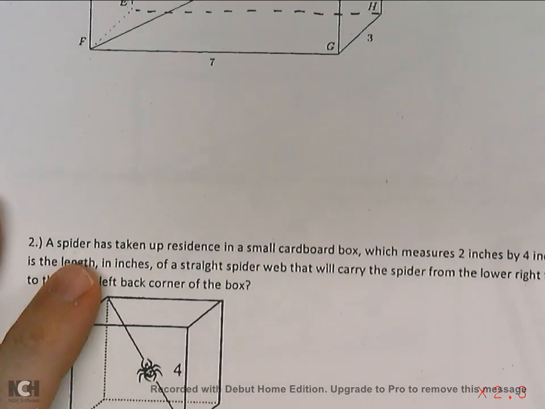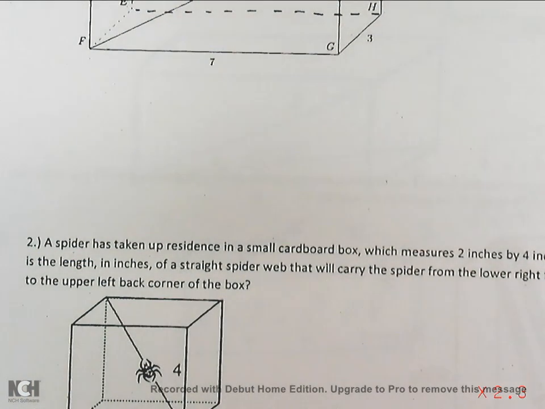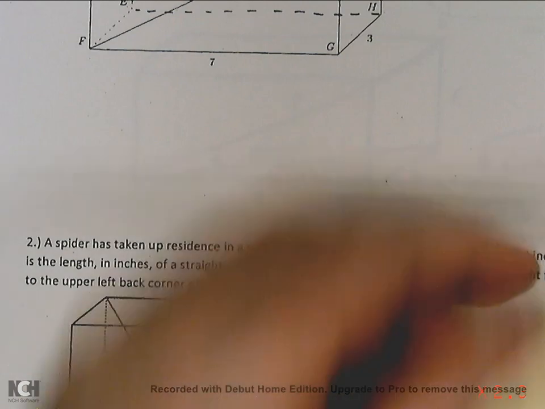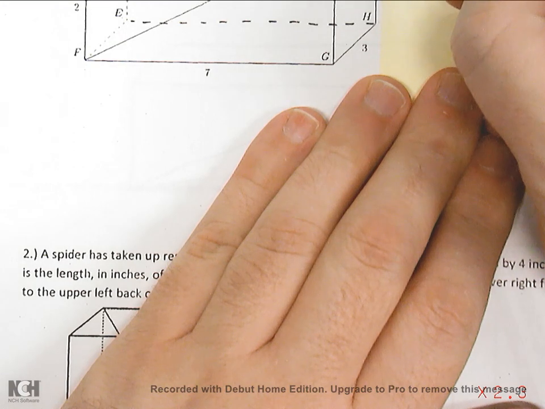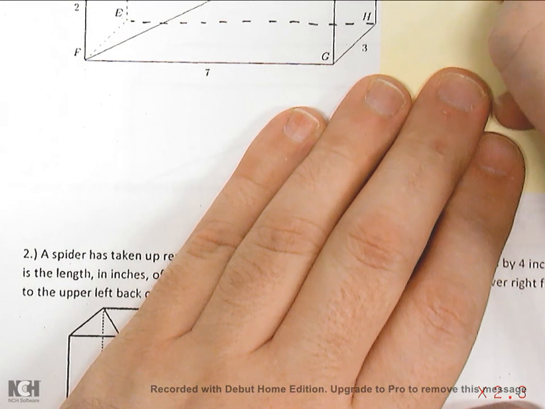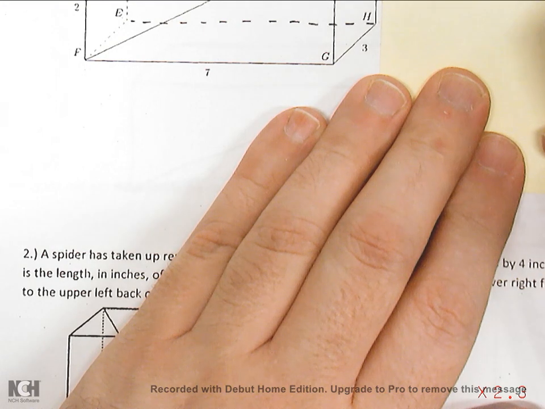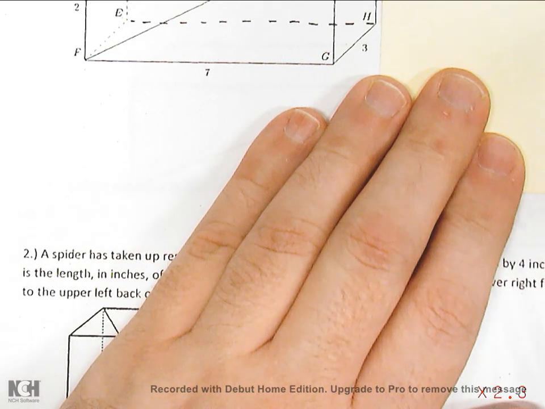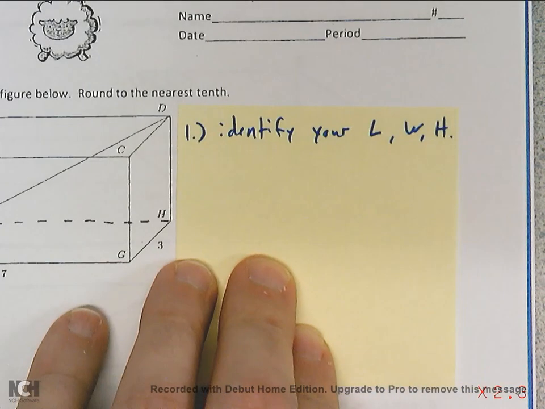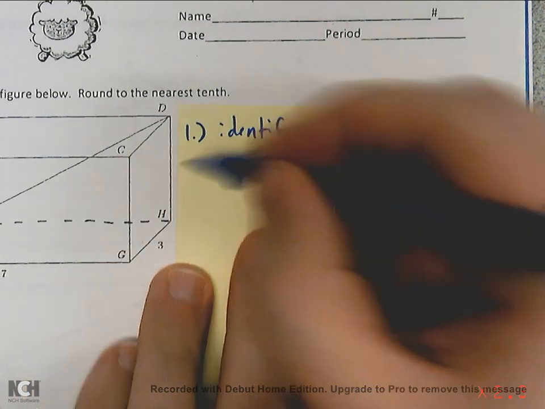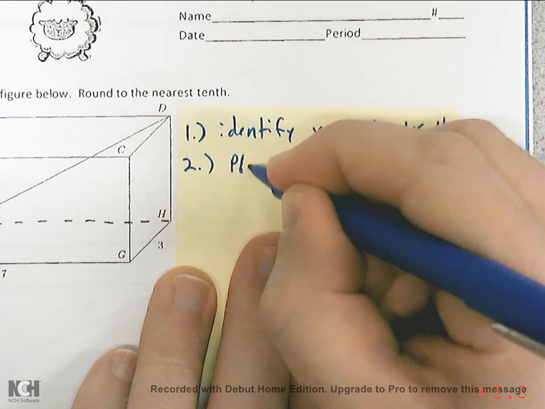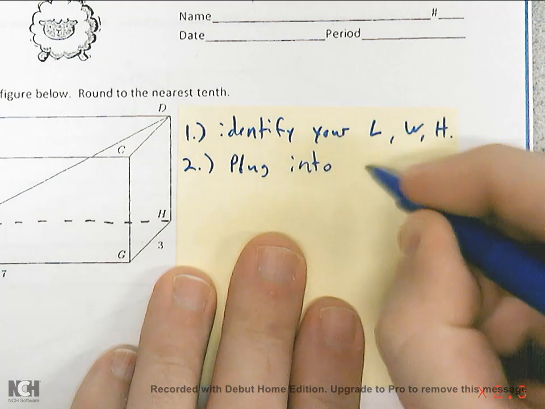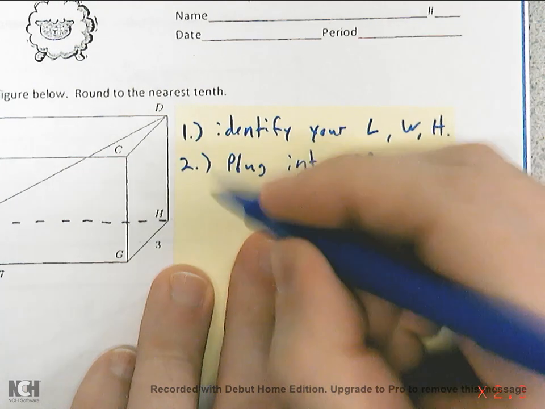So turn to page 37, and I'm going to give you guys some steps here. First step, number 1, identify your length, width, and height. Identify your length, your width, and your height. Next step, plug into the 3D Pythagorean theorem.